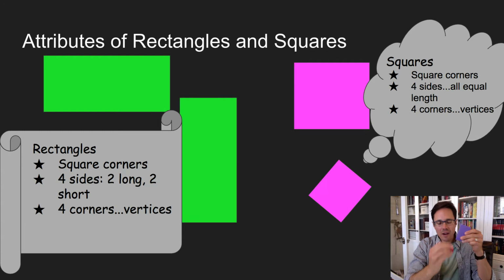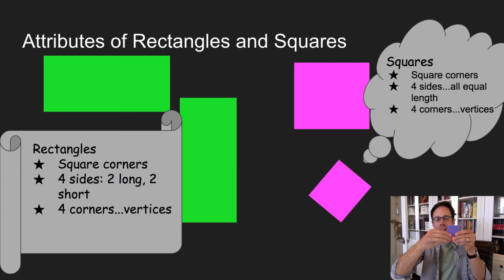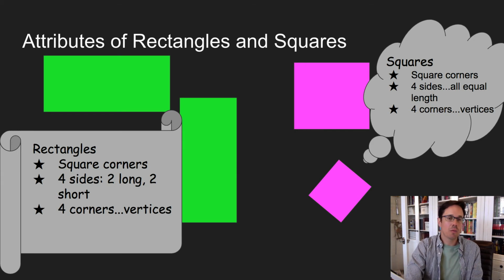A square angle would really have no space left over. A rectangle is also going to have four sides. I know we're not talking about Thanksgiving sides. I know you guys, you're probably hungry. I'm talking about sides of things, like the side of this shape here.